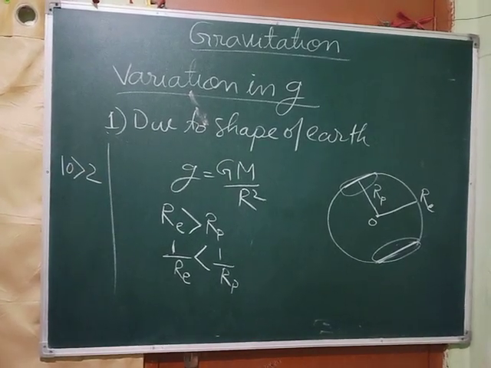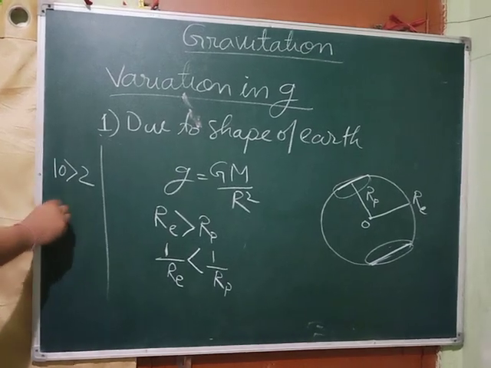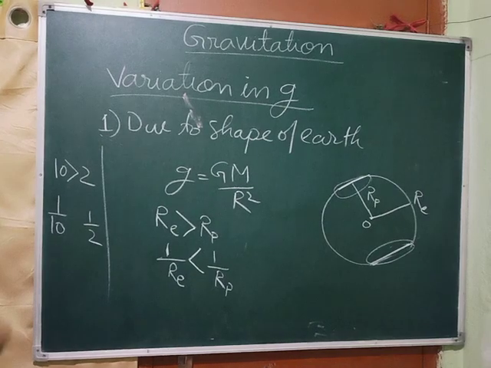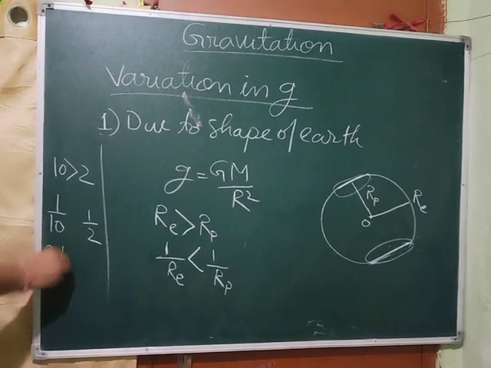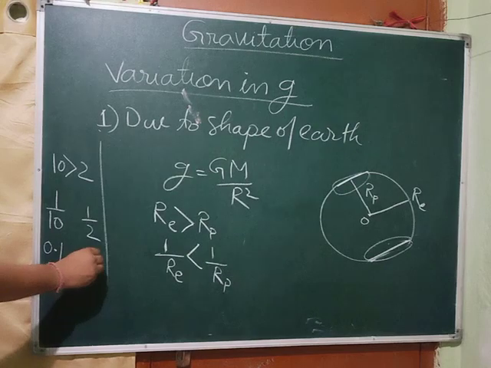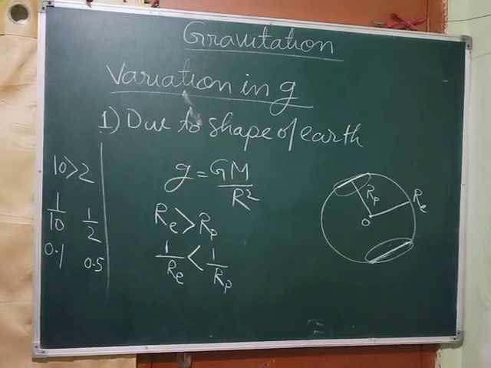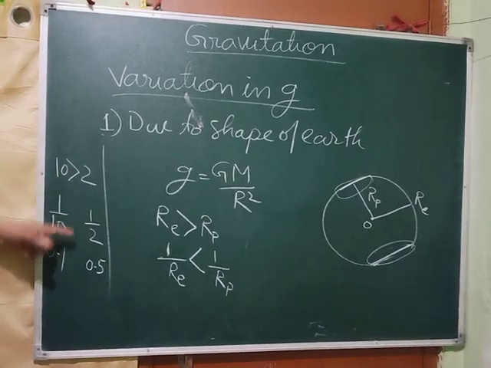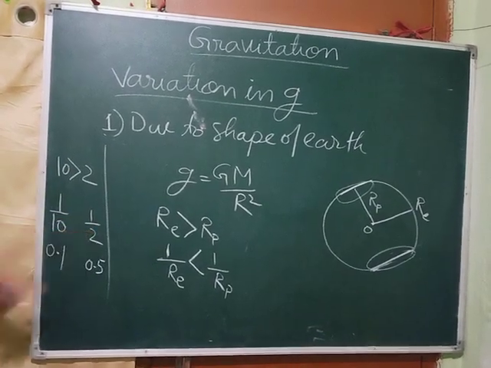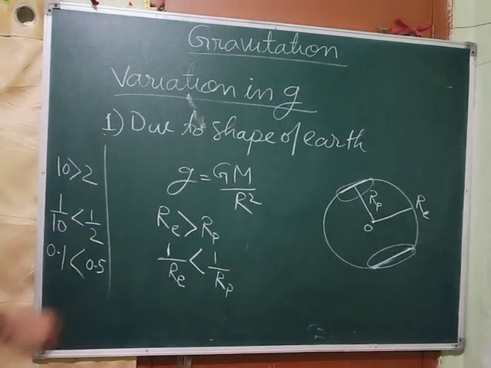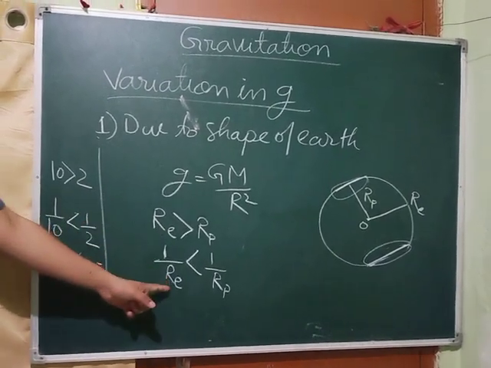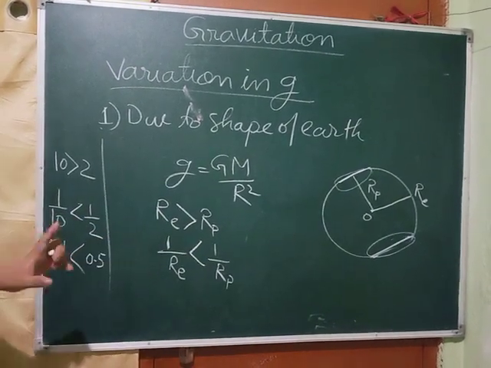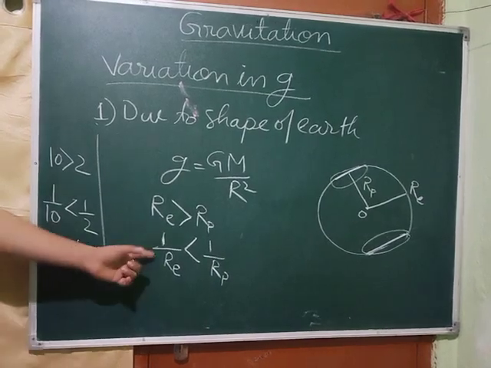Now if we take 1 by 10 and 1 by 2, 1 by 10 is 0.1 and 1 by 2 is 0.5. Now which is greater? This is greater. So after taking the reciprocal on both sides, the sign must be changed. This was greater than this, but once we take the reciprocal, the sign gets reversed. Getting my point? Now we can square both sides.